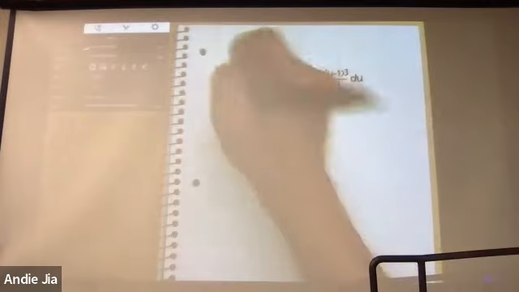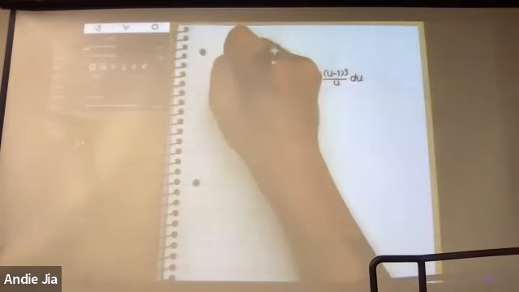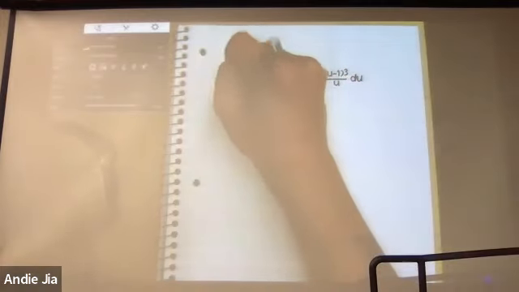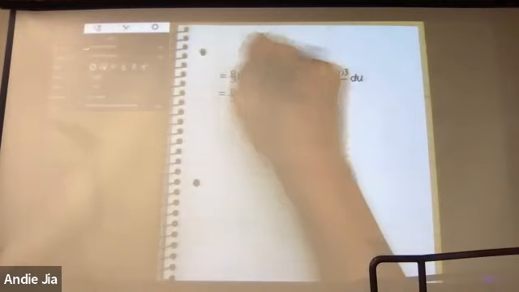And then expand. I know some of them are just so long, right?